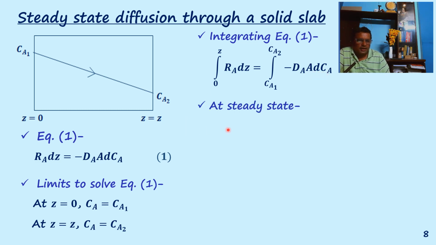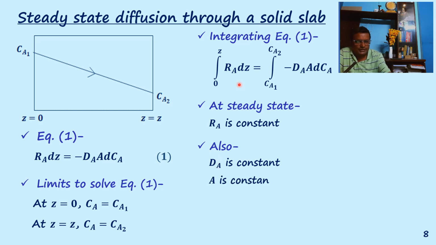Okay. Now let us try to find terms that remain constant so that they will come out of the integral. Since we are discussing diffusion at steady state, Ra is constant, the rate itself is constant, so that will come out of the integral. Along with that, dA, the diffusion coefficient, is also constant, and area is also not going to change.